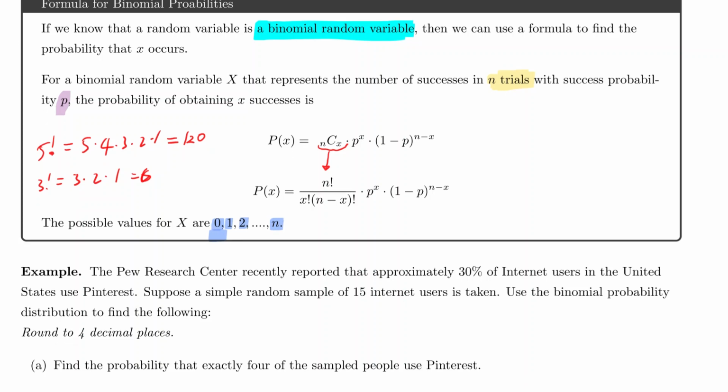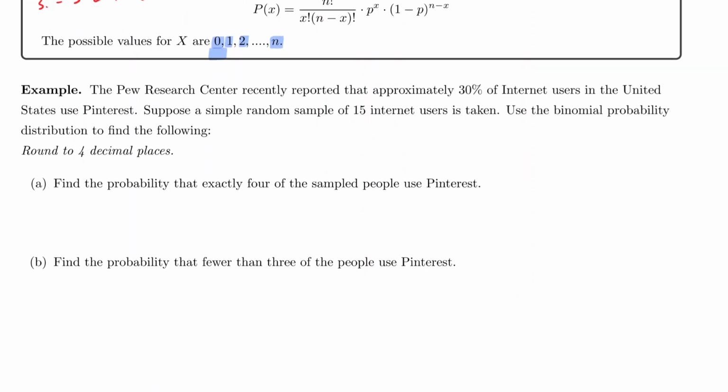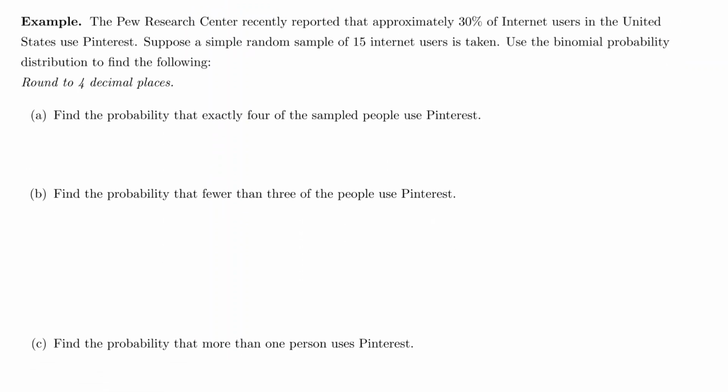So let's look at a problem and apply this formula. The Pew Research Center recently reported that approximately 30% of internet users in the US use Pinterest. Suppose a simple random sample of 15 internet users is taken. So this is the n, total trials. Use a binomial probability distribution to find the following, rounding to 4 decimal places.